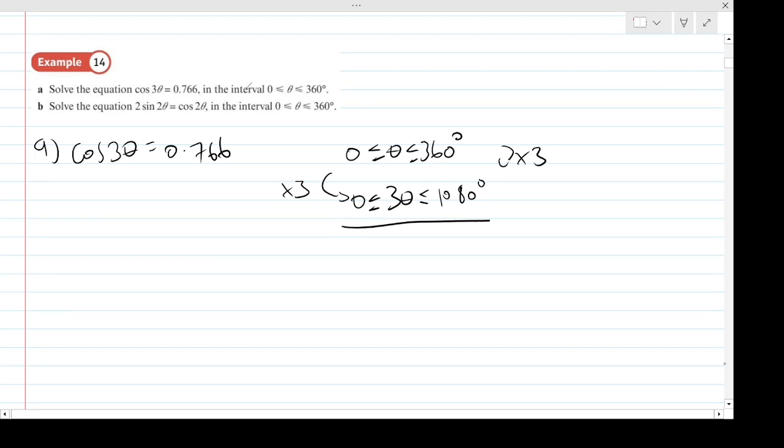And that is our new interval. If I rewrite it, it's going to be 0 to 3 theta to 1080 degrees. That is where we need to find our solutions. Now we're going to solve in the usual way. We can sketch the cosine graph to help us spot where the solutions would be.